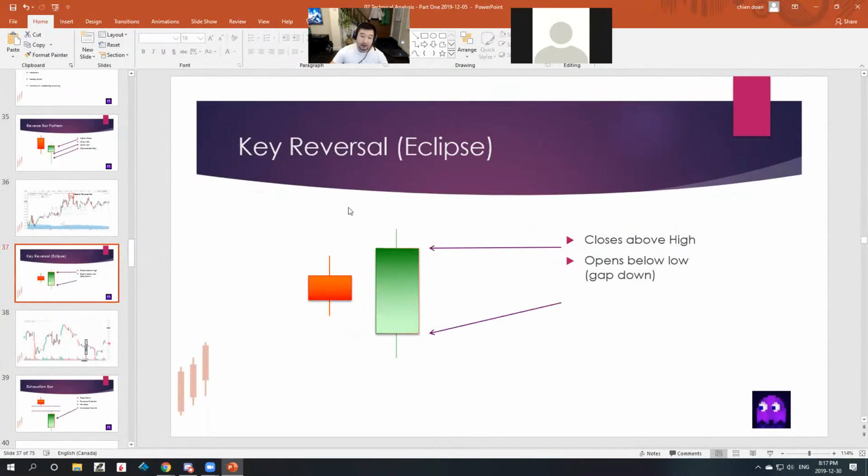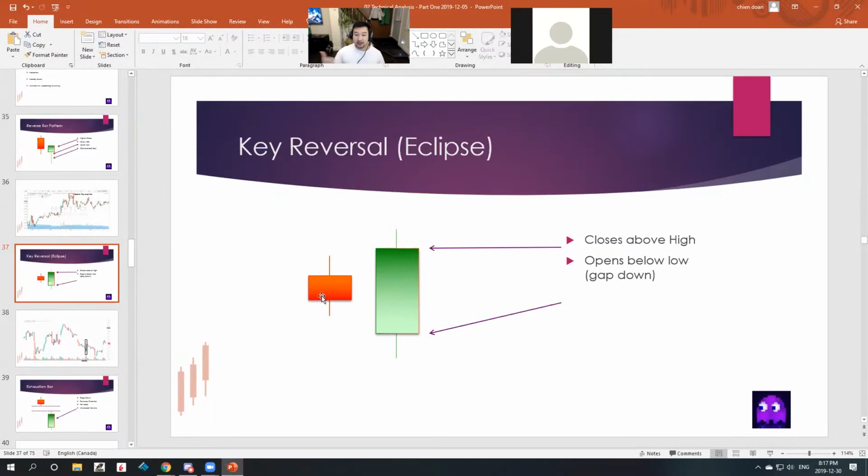So, key reversal. A key reversal, or an eclipse, is a sign showing you that there is more volatility going into the markets now than there was before. This candle right here shows that there was very little movement in the price direction. The next candle shows there's more volume, more price action, more participation in the market. So volatility is increasing.